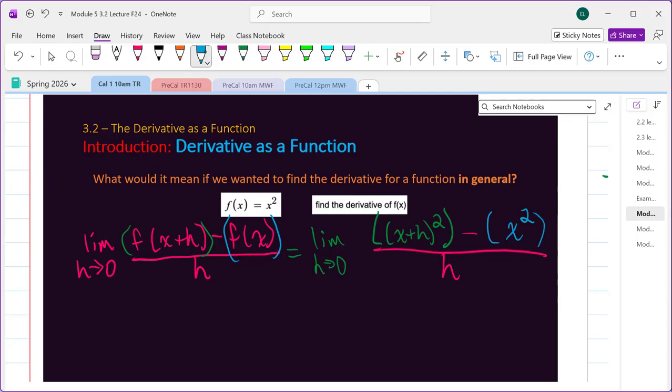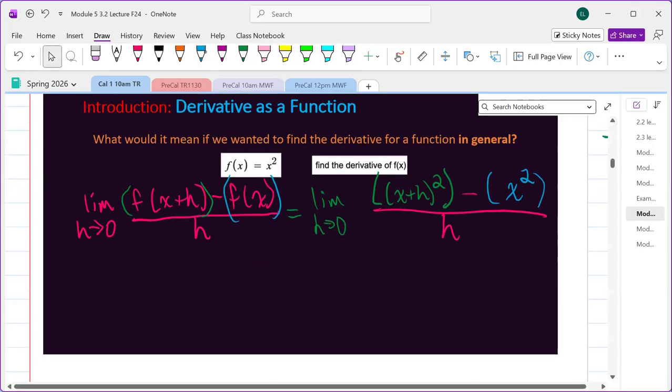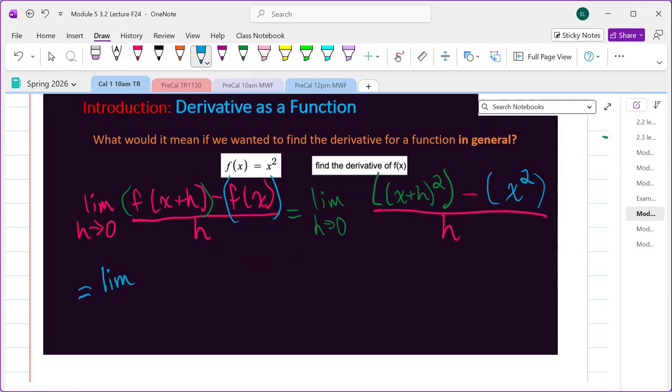Now, x plus h squared, I can FOIL that out: x plus h times x plus h. So down here, I'm going to have still the limit, but now that'll be x squared plus 2xh plus h squared, then minus the x squared, all over h.